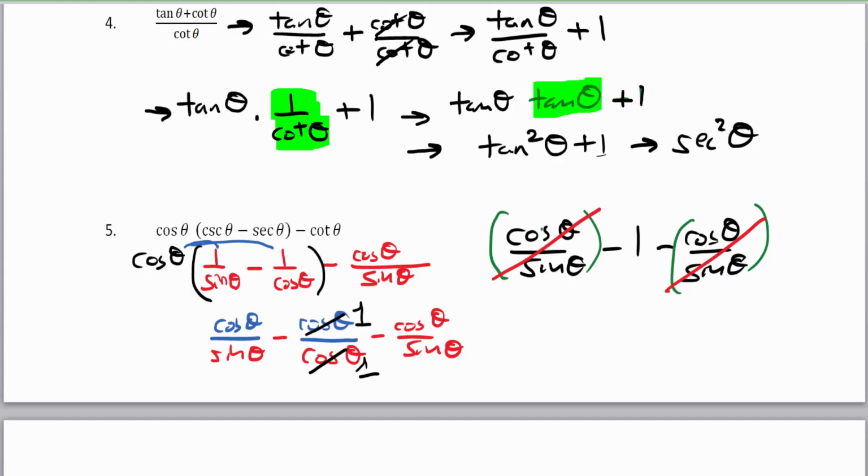The cotangent, or cosine over sine, minus cosine over sine, makes 0. So my answer in this problem is negative 1. Yeah, that's it, because this and this simplify to nothing; it's really cotangent theta minus cotangent theta.